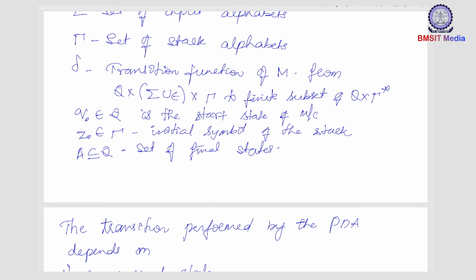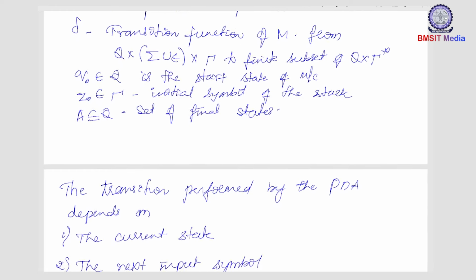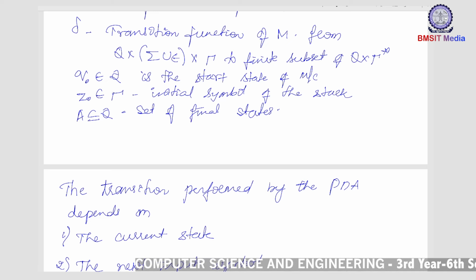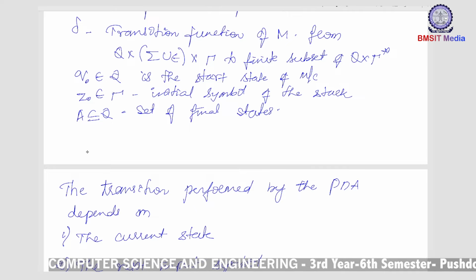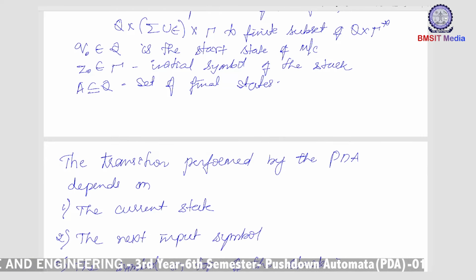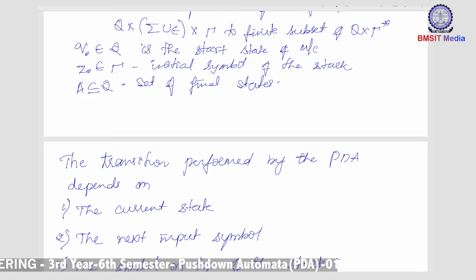I'll show you some examples of delta later. Q0 belongs to Q and is the start state of the machine. Z0 belongs to Tau and is the initial symbol on the stack. A, or we can also say F, which is a subset of Q, is the set of final states.